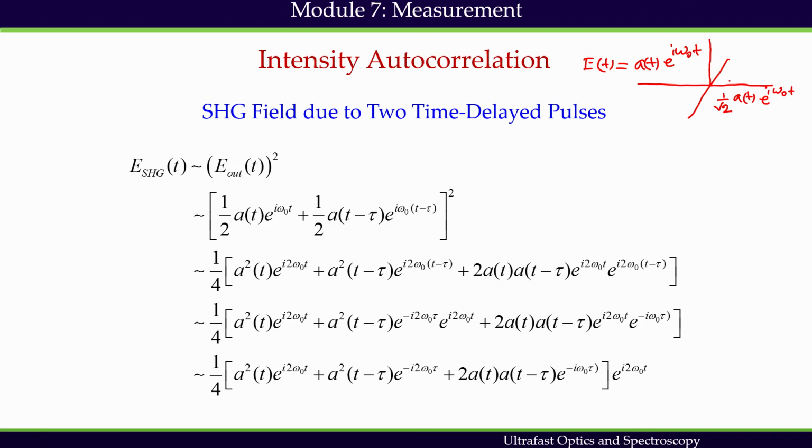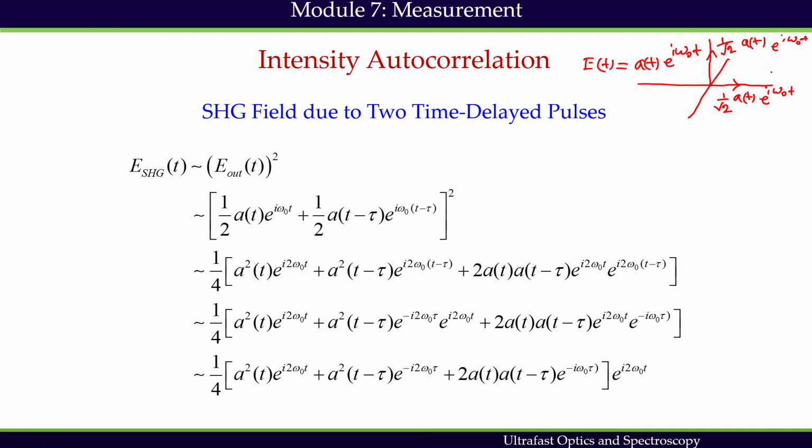And this one is transmitted, and the reflected beam would again be represented as 1 by square root 2 AT e to the power I omega naught t.